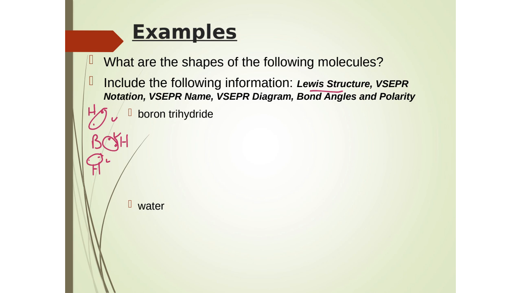So I have 3 regions of electrons. When I have 3 regions of electrons, those electrons are going to try to spread themselves out as far as possible, and they're going to set themselves up like this. These are 120-degree bond angles, and the name of this shape, the VSEPR name, is called trigonal planar.